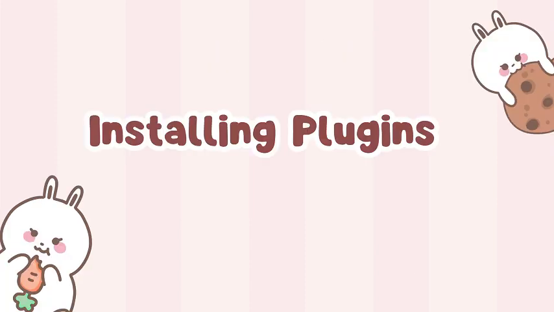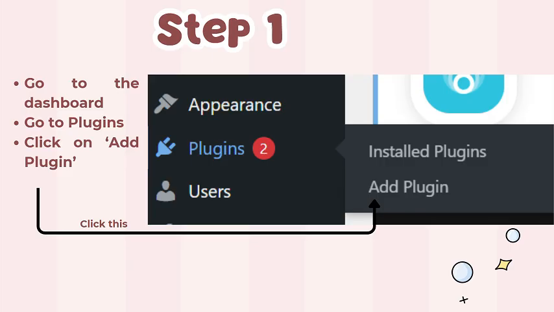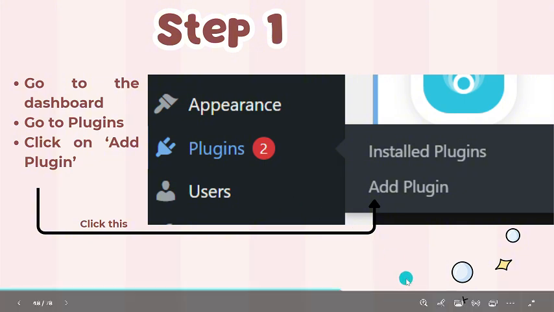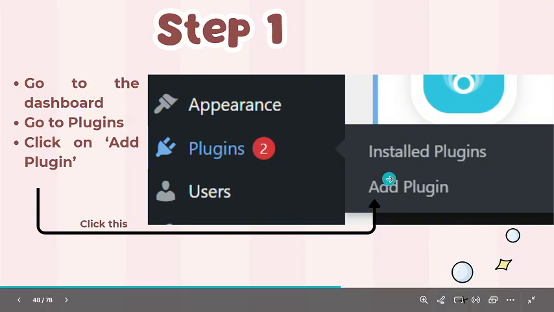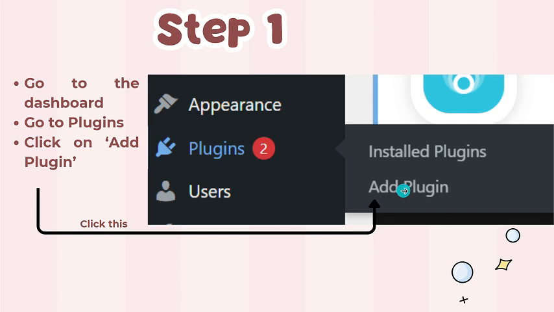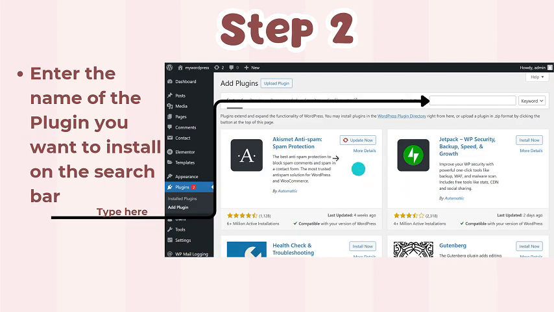So now installing plugins. The first step is to go to your dashboard. Once you're on your dashboard, you go to plugins, then on that plugin menu you see add plugin and you click on add plugin. The next step, you enter the name of the plugin you want to install on the search bar.